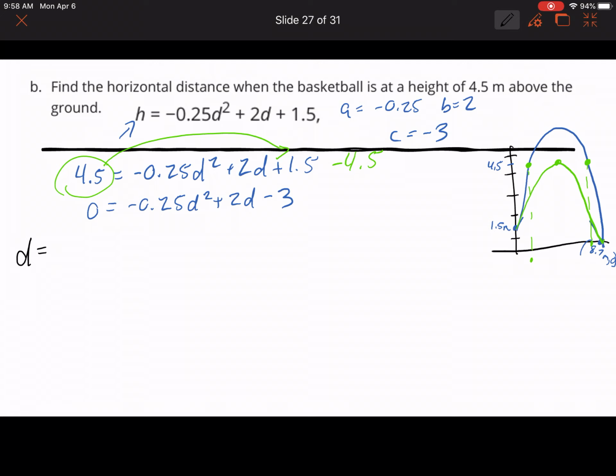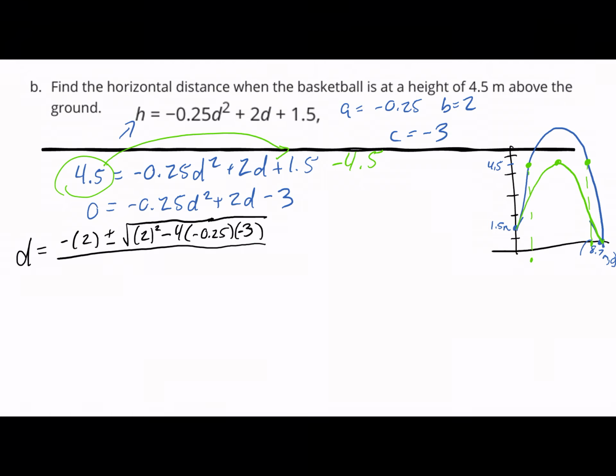So d equals negative b, which is 2, plus or minus the square root of b squared, which is still 2, minus 4a, which again is 0.25, and c, which is negative 3, all over 2, and a is negative 2.5.